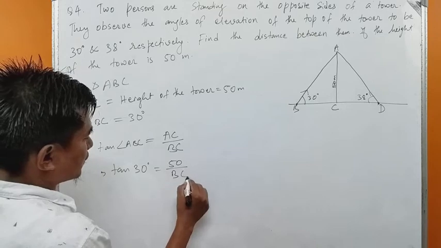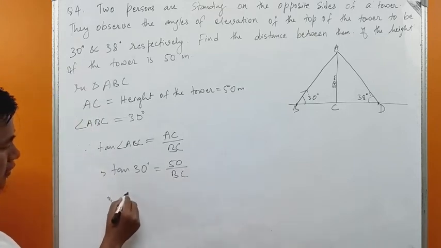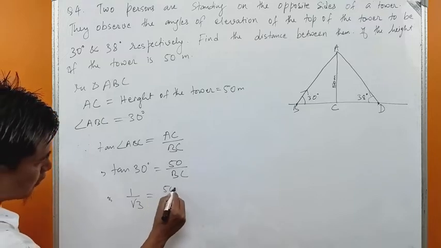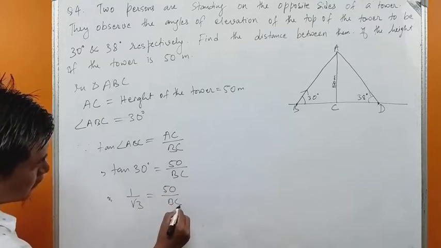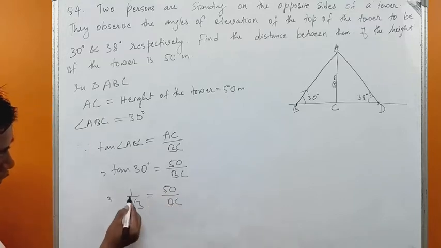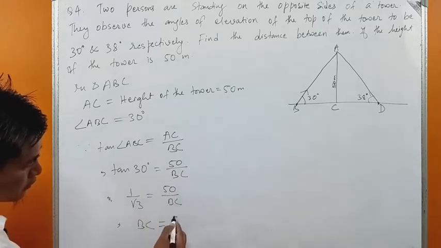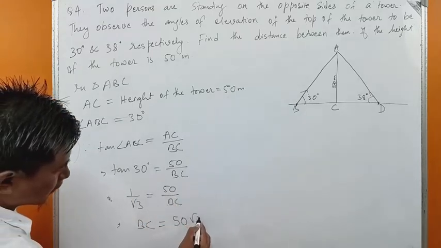Tan 30 means 1 upon root 3 equals 50 upon BC. We cross multiply, BC into 1 is BC equals root 3 into 50, which is 50 root 3.